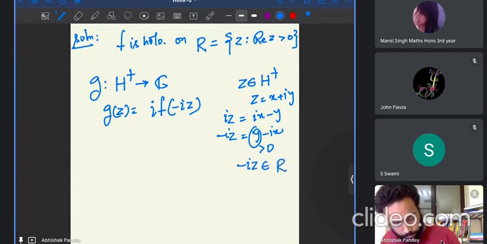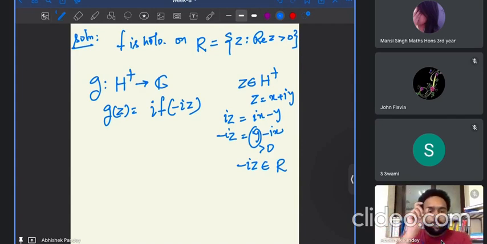Okay, so now this is fine, f of minus iz. Now again you take i and multiply with this one. If you multiply a point in the right half plane with i, where will it go? So it will come to the upper half plane.